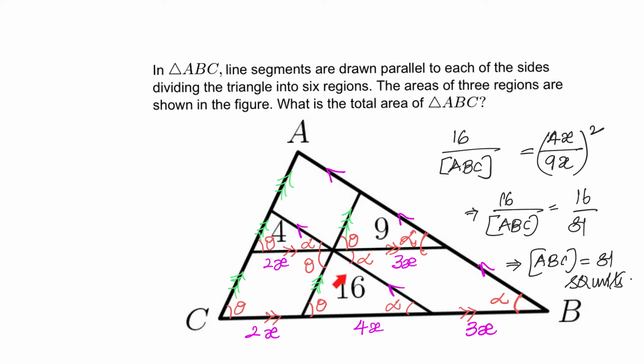So 16 divided by the area of triangle ABC equals the corresponding side for 16, which is 4x, and the corresponding side for triangle ABC, side BC, which corresponds to the side in the 16 triangle, is 9x. So 4x by 9x whole squared. Simplifying, we got the area of triangle ABC equal to 81 square units.